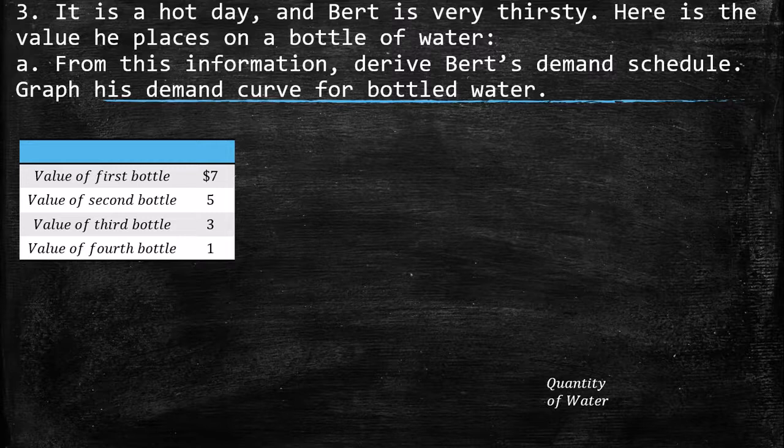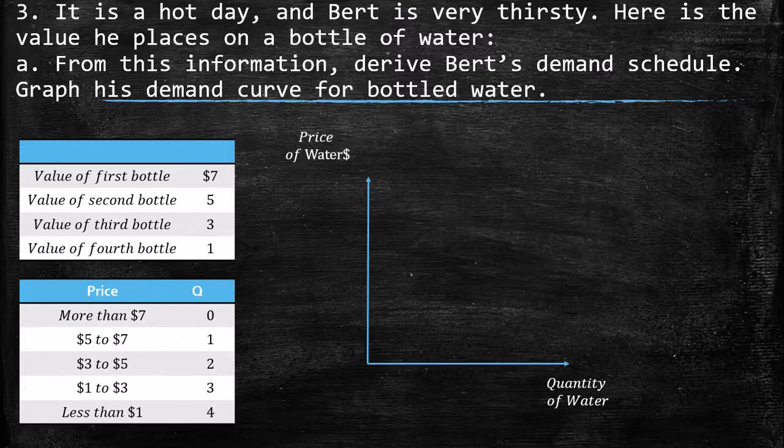So here we have the price of water and the quantity of water. Here is the demand schedule, with the price and the quantity. When the price is higher than $7, Bert is not going to buy anything.